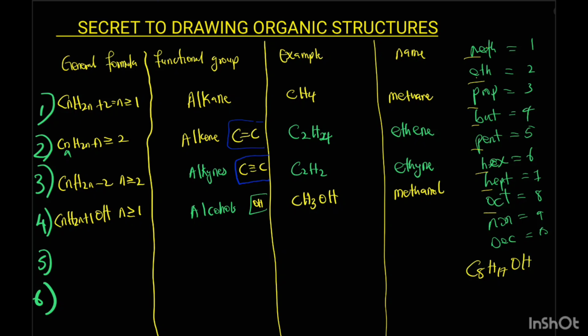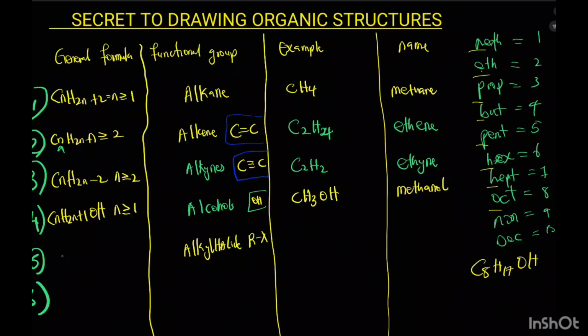So the next one we're going to look at, number 5, is what? Alkyl halides. An alkyl halide is just an alkane that has the presence of halogen inside of it. So we can represent it with RX. Something like CnH2n+1X, and X here means what?